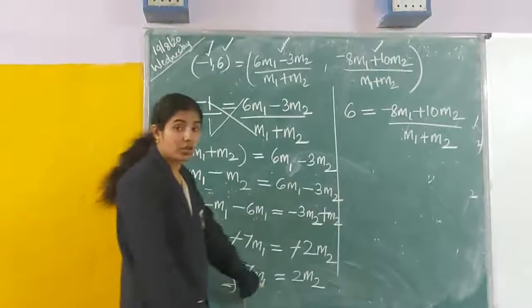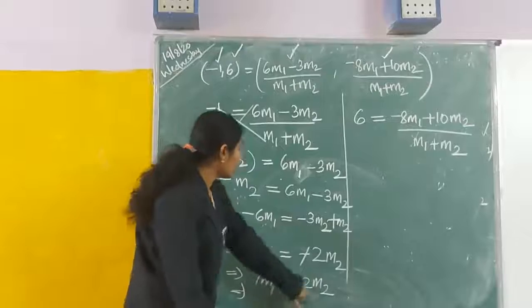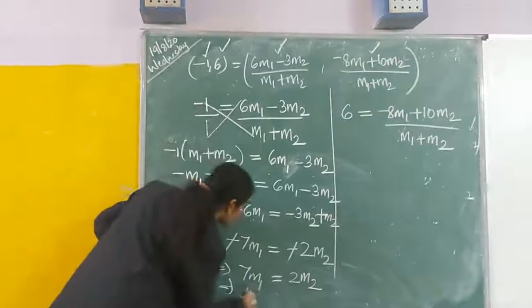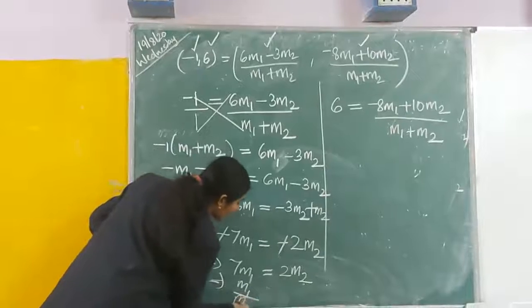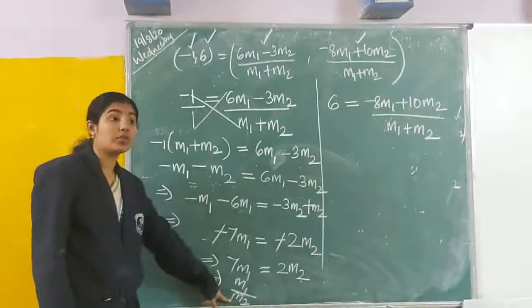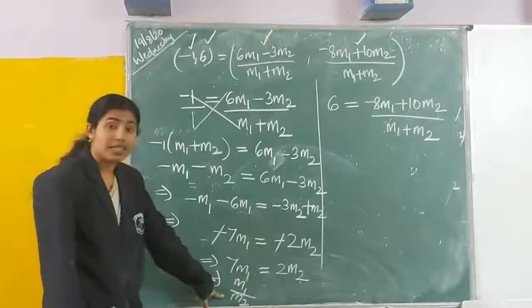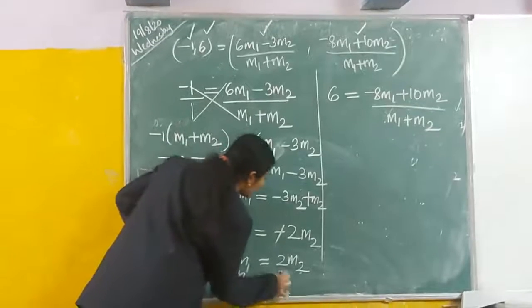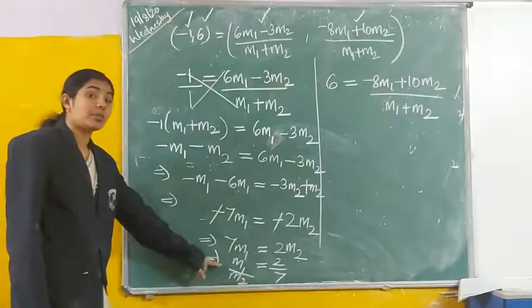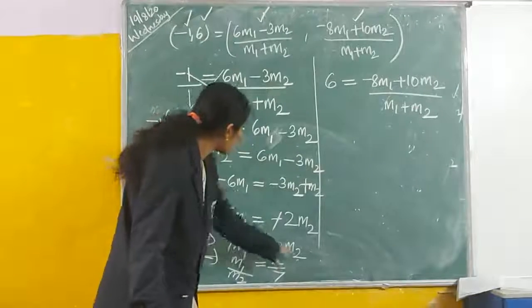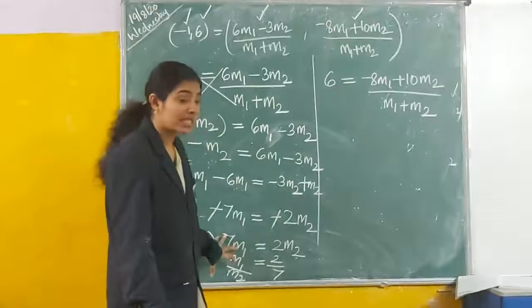We need the ratio m1 is to m2. For that, what should you do? m2 you should shift to the left side. So you will get m1 divided by m2, and 7 when you shift to the right side, you will get 2 divided by 7. That means m1 divided by m2 is 2 by 7.